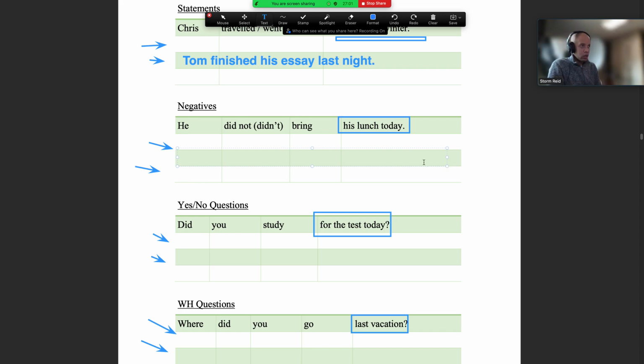Scholarship. All right, we can say, oh, Janet didn't get a scholarship this semester. All right, so she didn't get, got, gotten. So get, got, this is an irregular verb, but again, we don't need to change it because we already have our didn't, okay? Yes, no question.